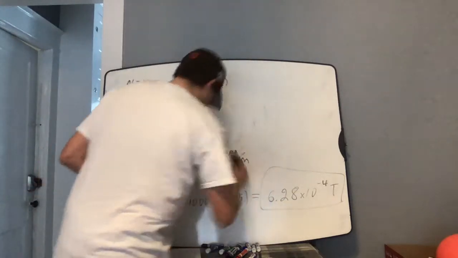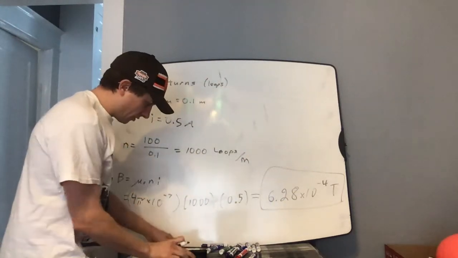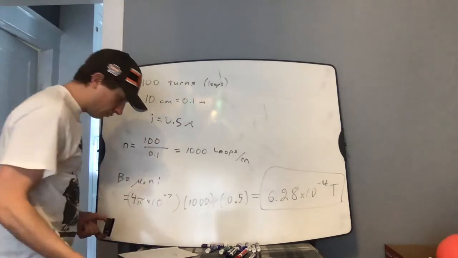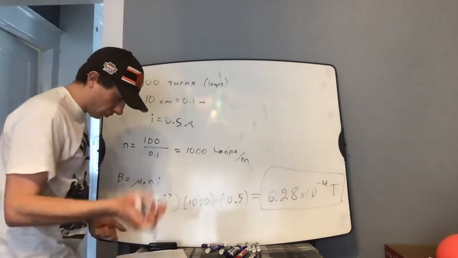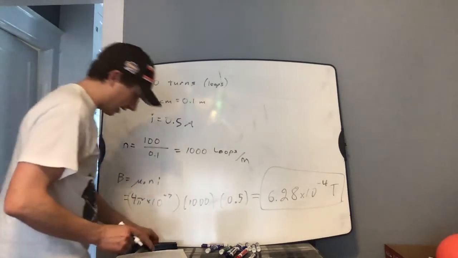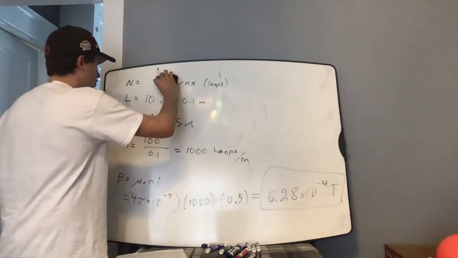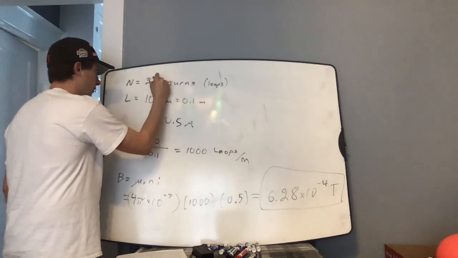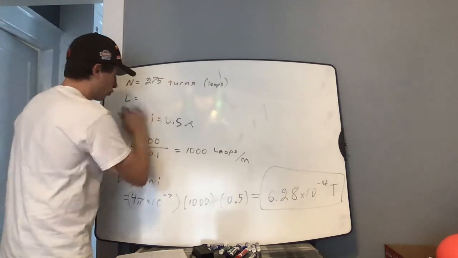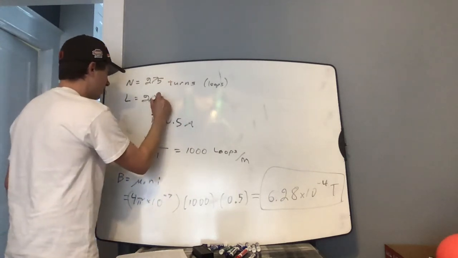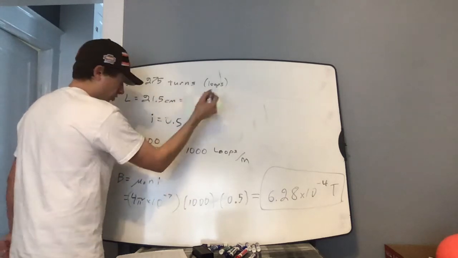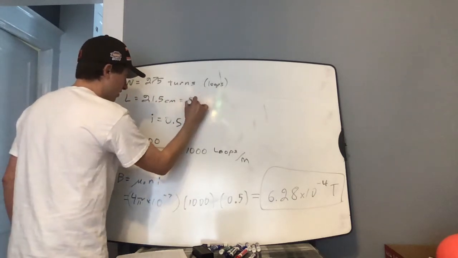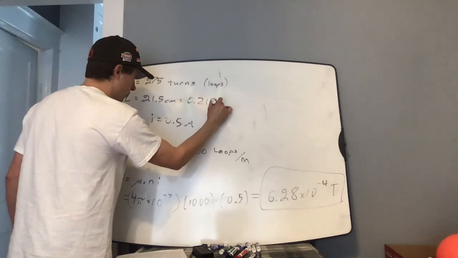In this problem, we have a solenoid that is 275 loops wrapped over a total length of 21.5 centimeters, which I'll just convert to meters, so that's 0.215 meter.